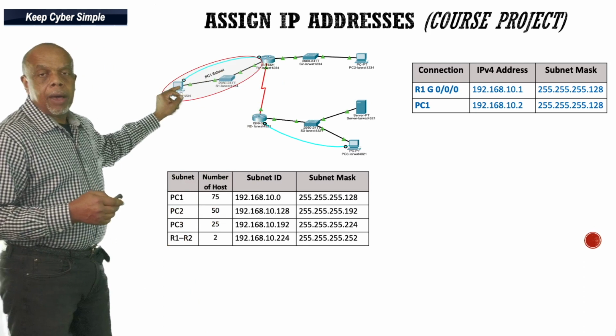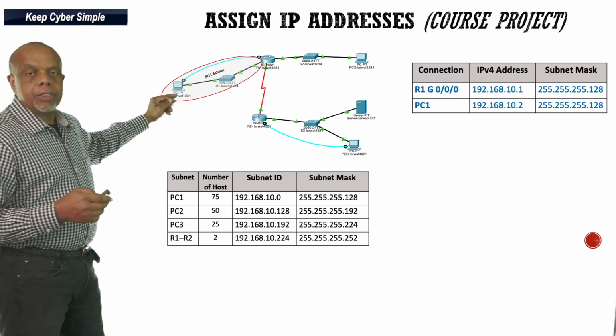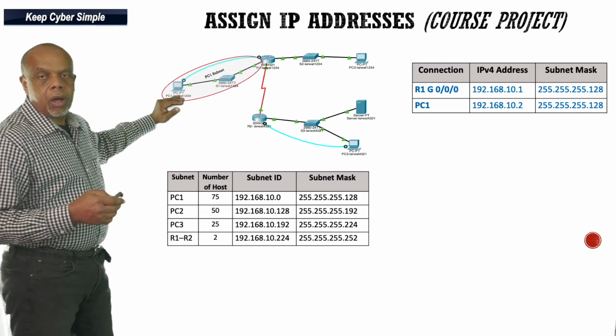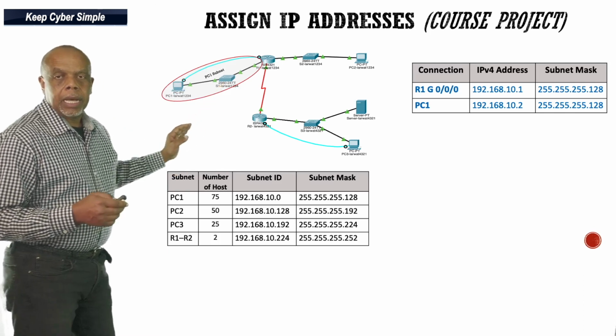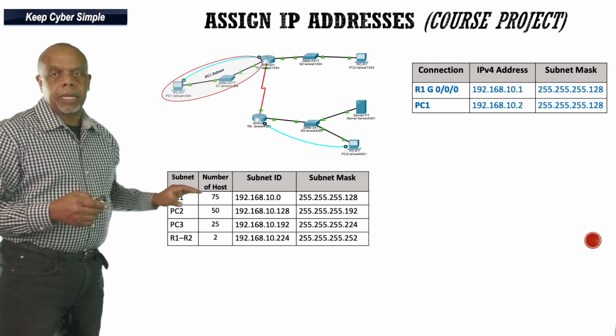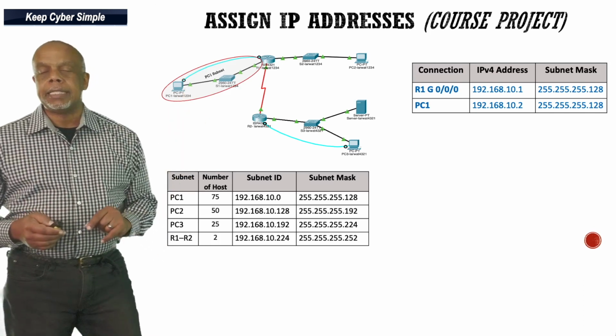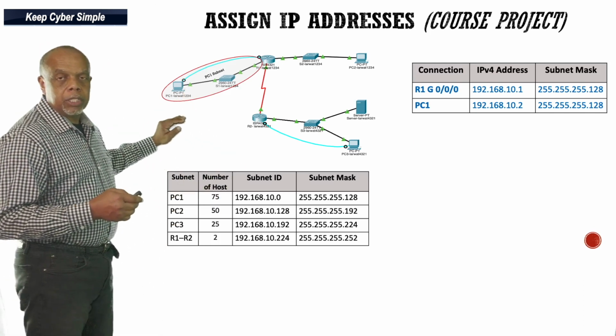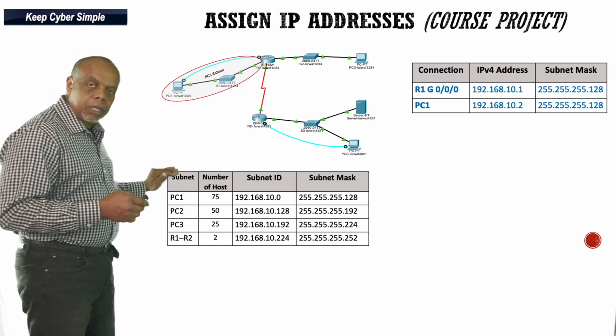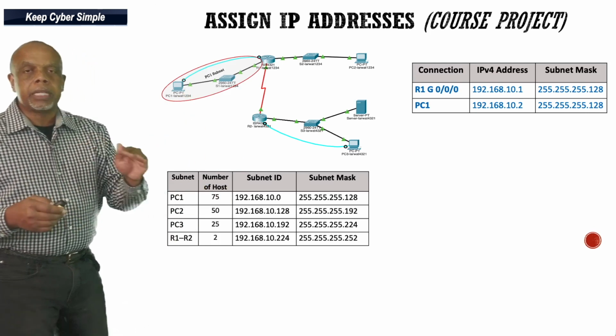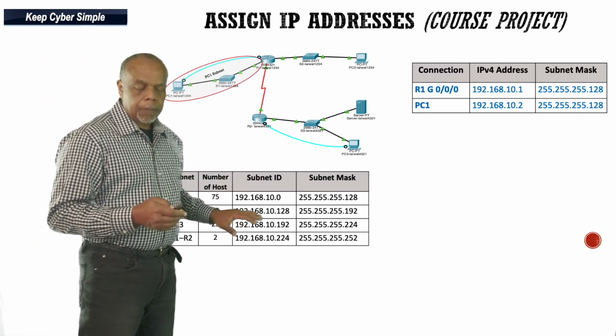Then from there, I would start assigning the other 74 to all the PCs that are going to connect in this subnet. So PC1 would be 192.168.10.2. If I have another PC2, PC3, other devices, then I would incrementally give each one an IP address.